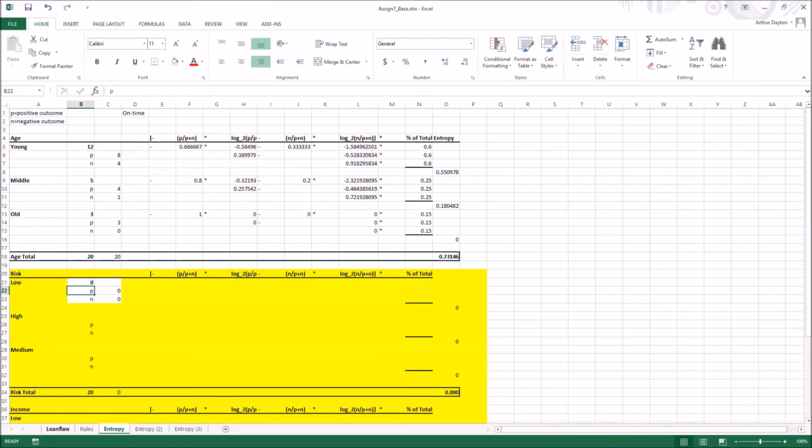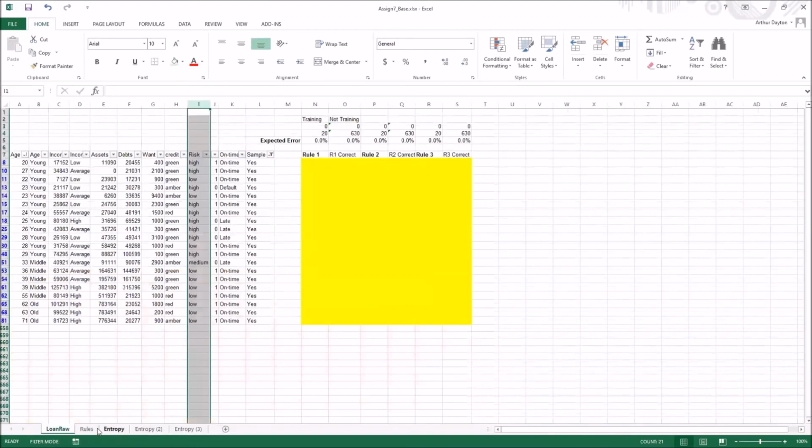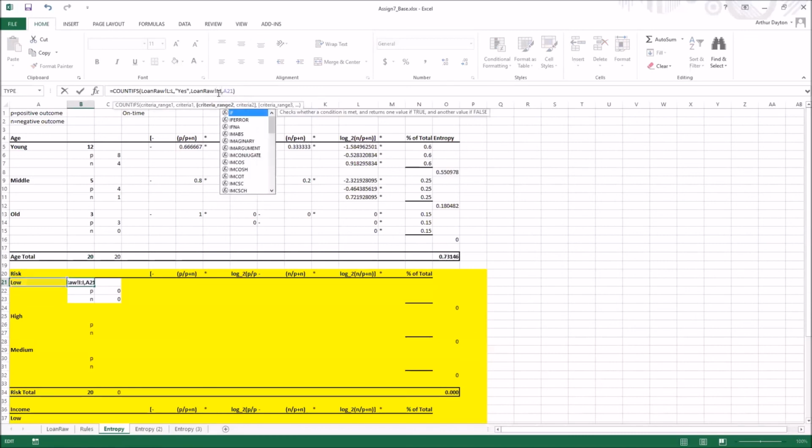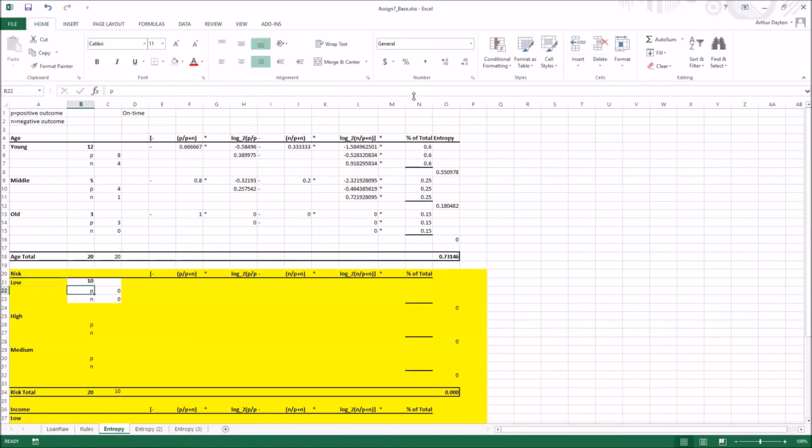If we jump back over here, we see that risk was in column I. So instead of looking at column B, we're going to look at column I, which we do by putting an I in there. Now we can see that we are counting all values where risk equals low for our data set. Then we just need to make the same correction here.